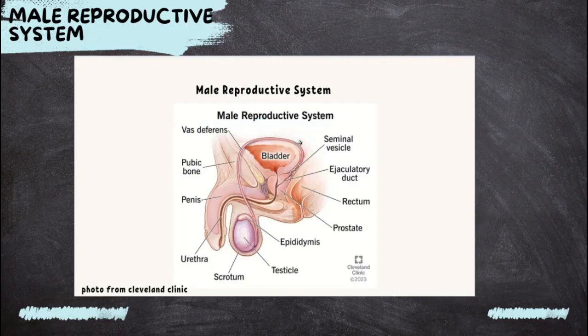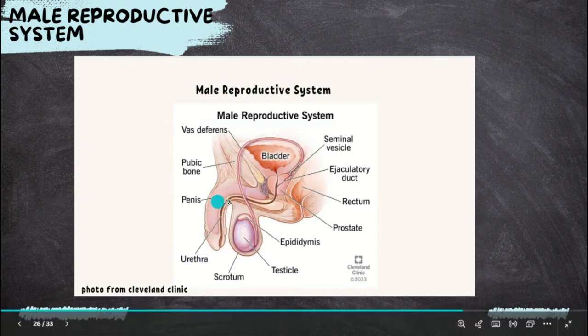It would travel from the epididymis to the urethra. The urethra is way around here, and basically the function of the urethra is just to release urine and semen.